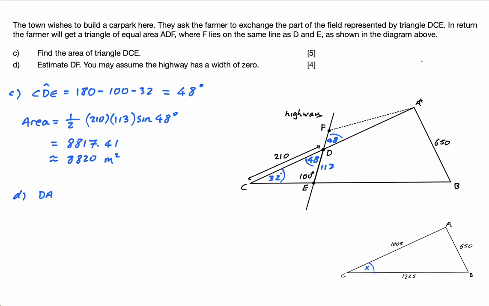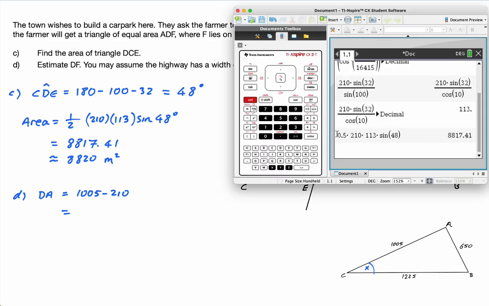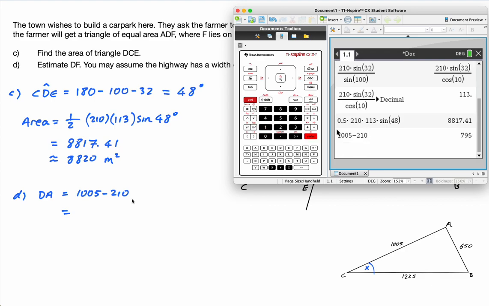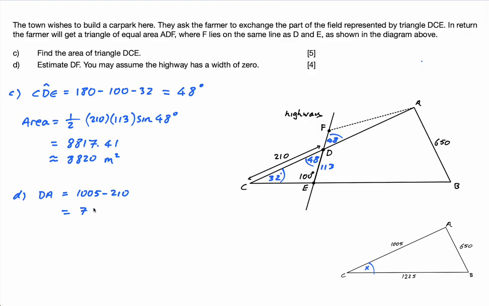This whole thing is 1,005 meters from here. This is 210. So DA has to be 1,005 minus 210, which is, you think I could do that in my head, but I'm not going to even bother. 795. 795 meters. Let's put that in here.